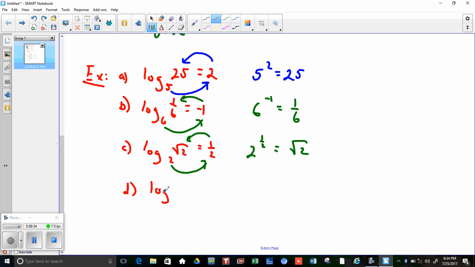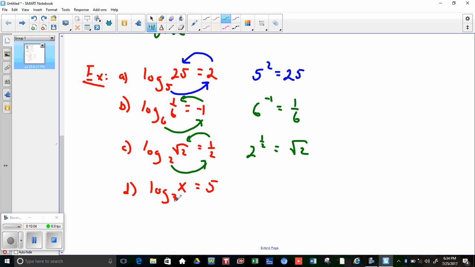So we'll do log of x base 7 equals 5. Now this one's a little bit different because I have a variable in it. And this is one of the reasons why it's actually important to be able to go from a log to an exponential, and we're going to learn how to go backwards as well. Because if I want to find out the value of x that makes this true, if I want to solve this equation for x, I'm going to need to be able to put this into an exponential.